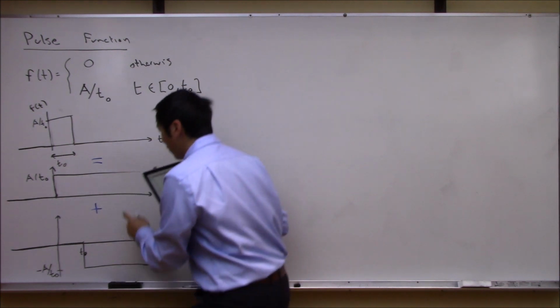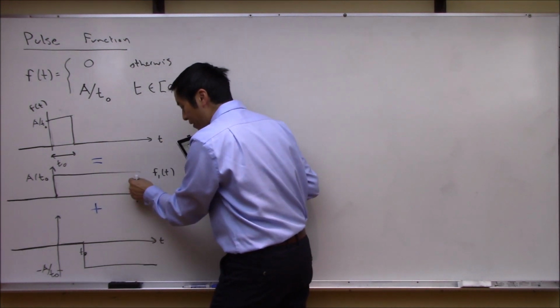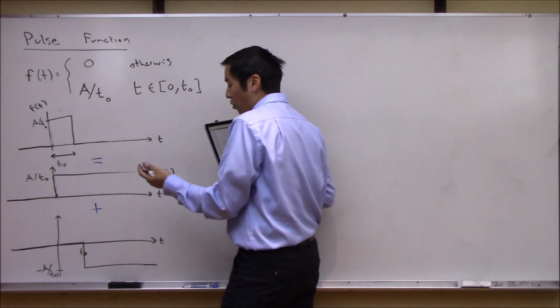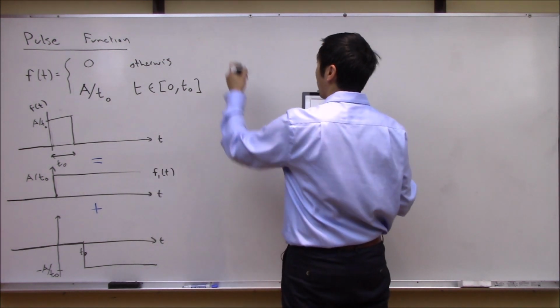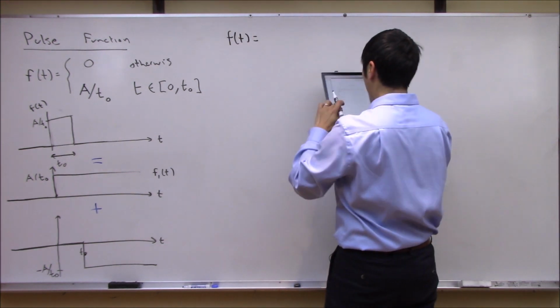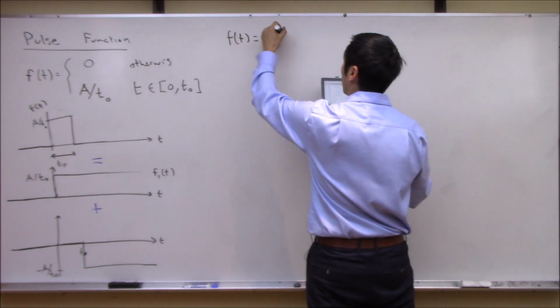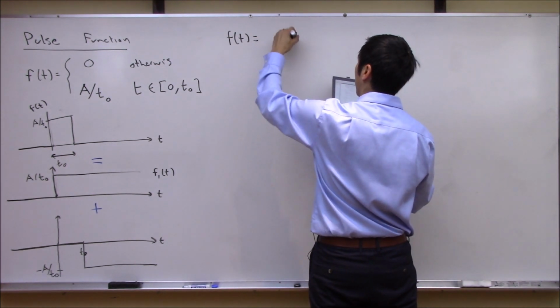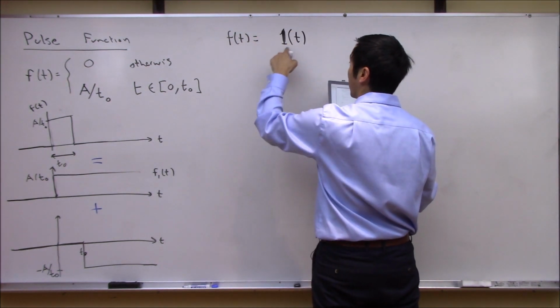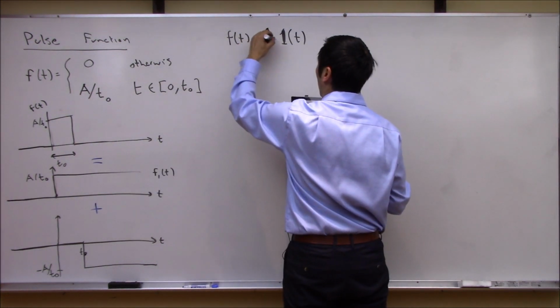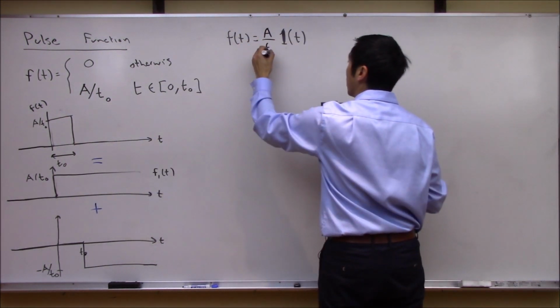Wouldn't you agree that if you took this step plus this step, it equals this pulse, right? So mathematically, couldn't we write this as f of t is basically, it's what? It's a unit step which turns on at time 0, right? But it doesn't go to a unit step value, it goes to a value of a over t naught, right?